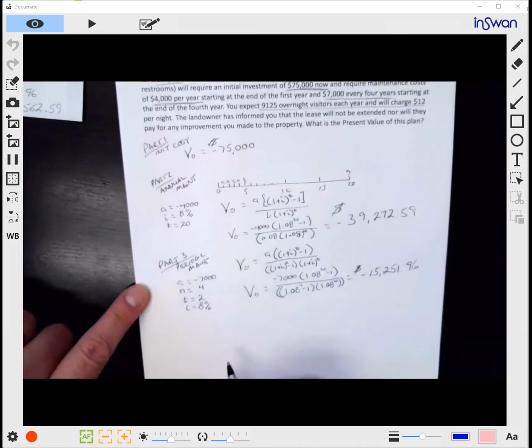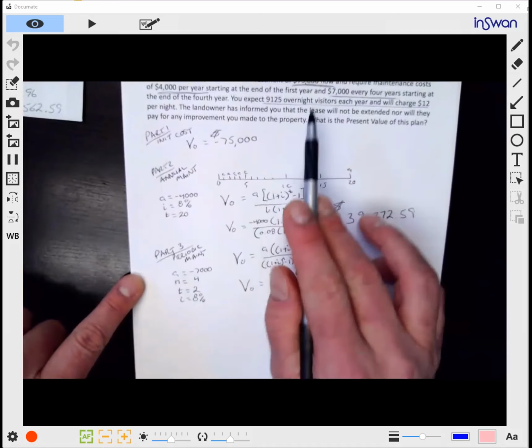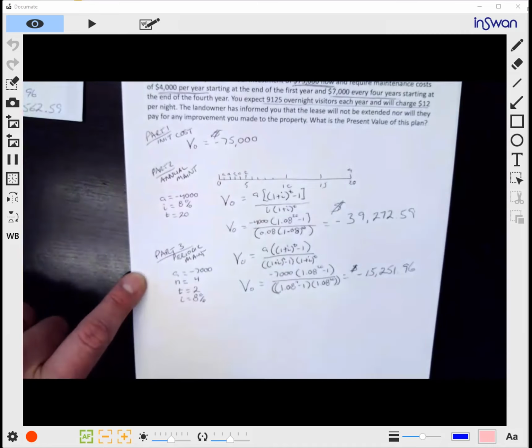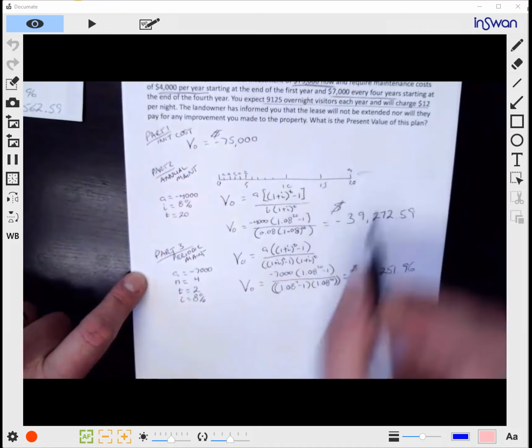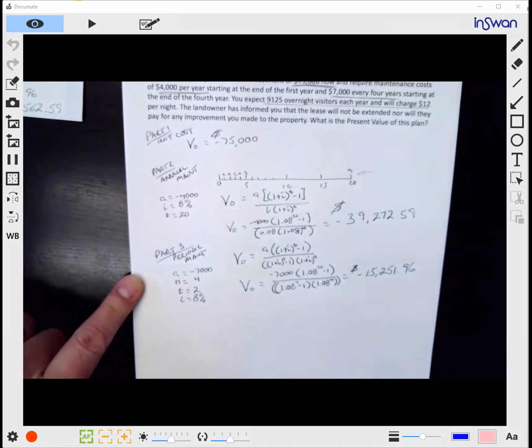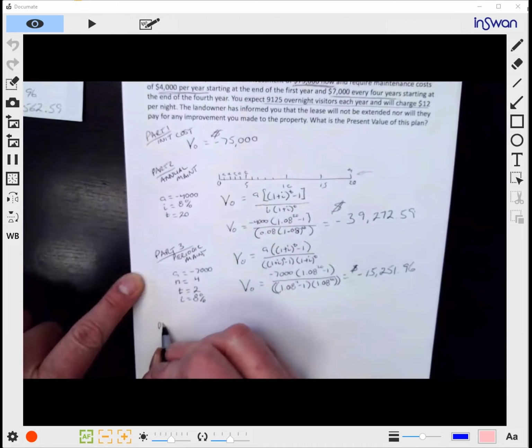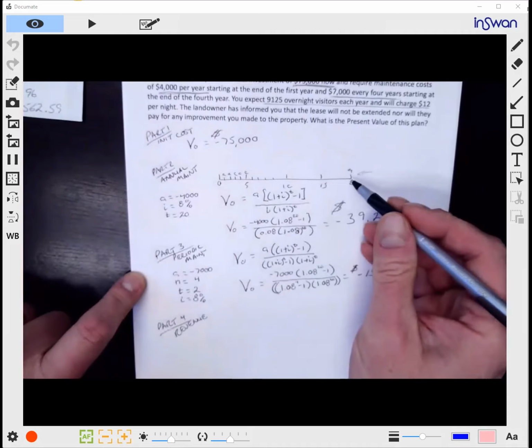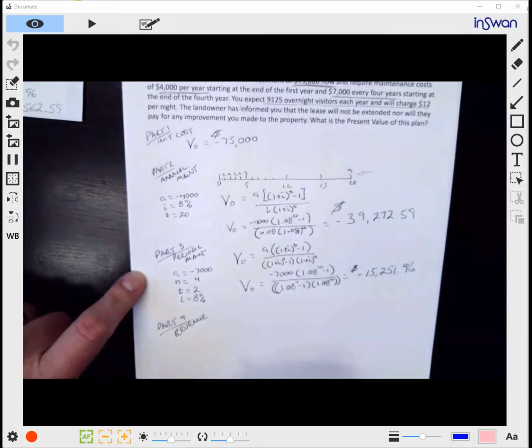Last one to do is my revenue. So this is my 9,125 visitors, and they're paying $12. The timeline is the same as this one, really. I could have combined them because they're all in the same year, but I'm going to keep them separate just to walk through it. So part 4 is revenue. That's what our timeline would look like.